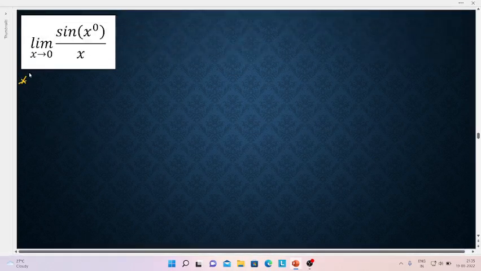This is a very common and very important question, and also a very interesting question, right? Question 2. Here it says limit x tending to 0 of sine x degree upon x, right? So first of all you have to check whether the substitution method works or not.